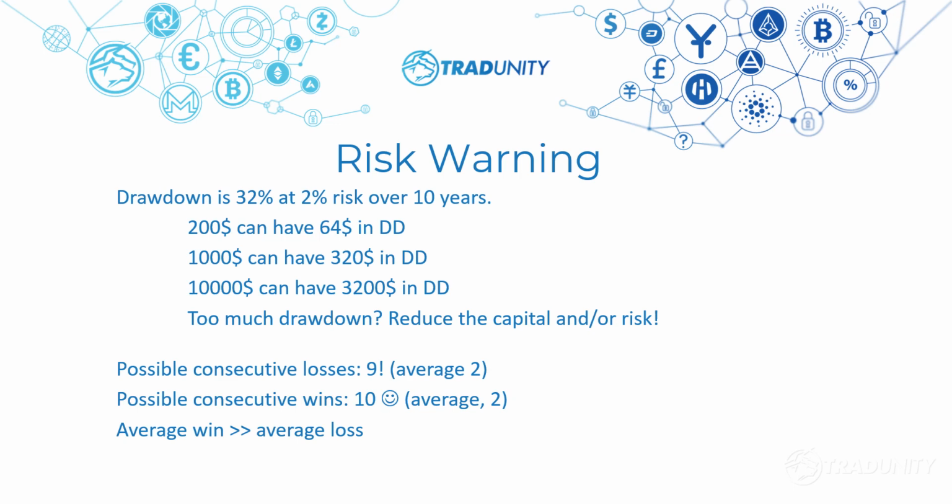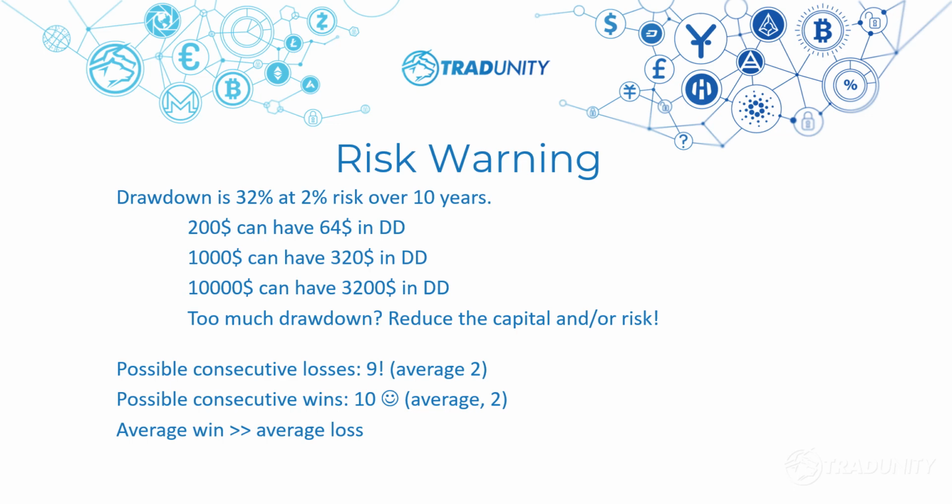The drawdown is 32%. That's the relative drawdown, and it's a maximum of 32% when the trades are made with 2% risk. So you have to understand that if you are going to trade these settings with a capital of $200, there is a chance that at some point you will get to a drawdown of $64 in loss.